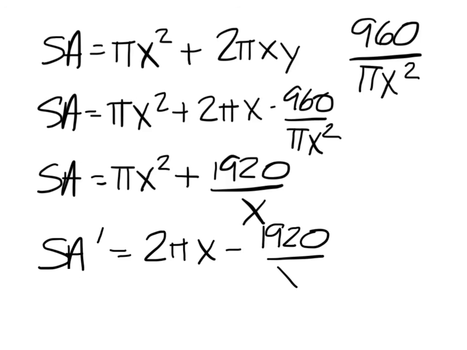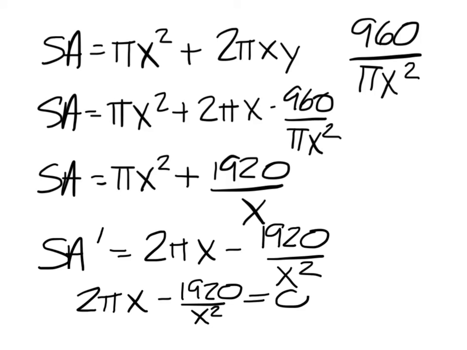So you have to set that one equal to 0. So 2 pi x minus 1920 over x squared equals 0. You can multiply both sides by x squared, and it will cancel this out. I may have to zoom in here a little bit to try to finish this off on the same screen before time runs out.